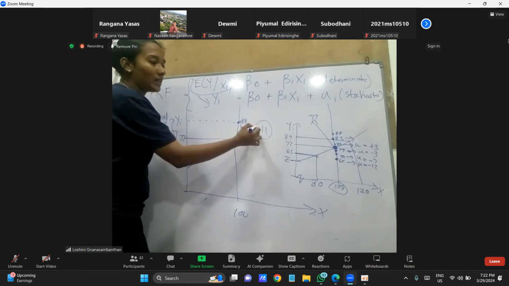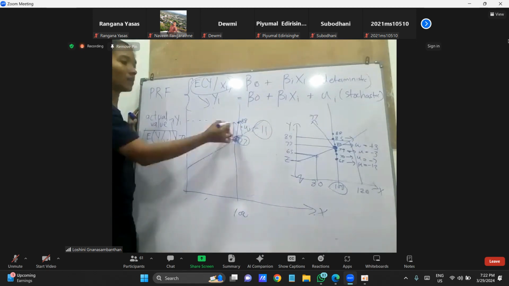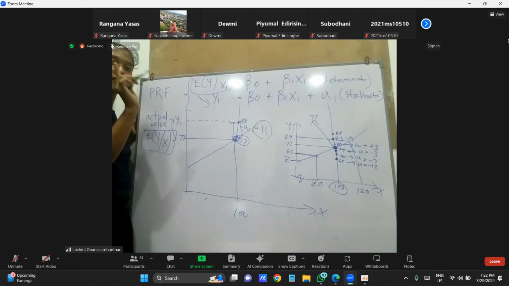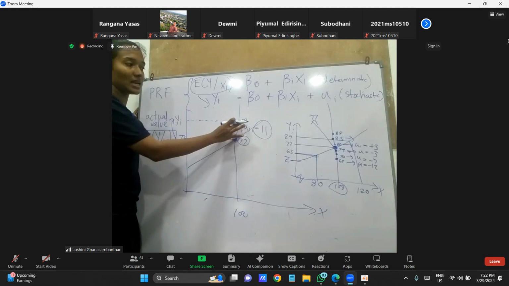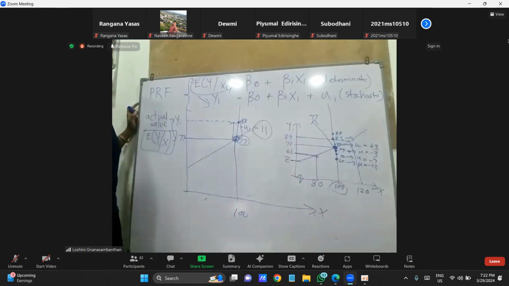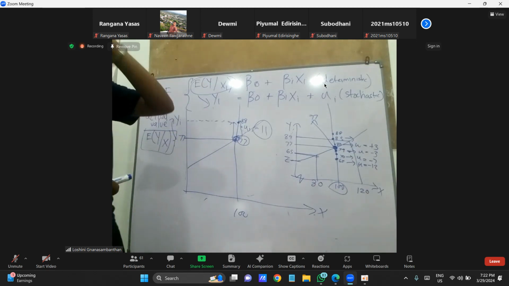Why? Because after you add this term, it should shift here, and after shifting here it gives you the actual y value at a point. In this case it can be any of these. So did you understand this? This is very important for all the other things.